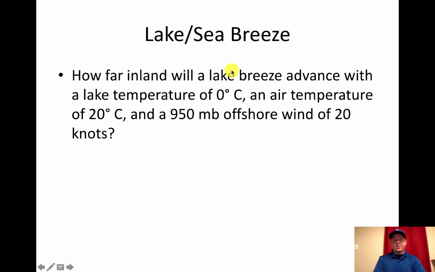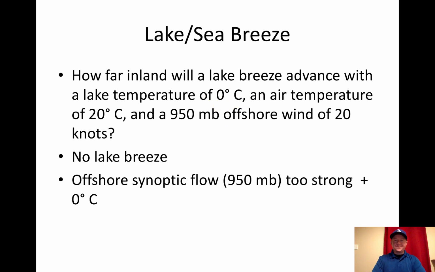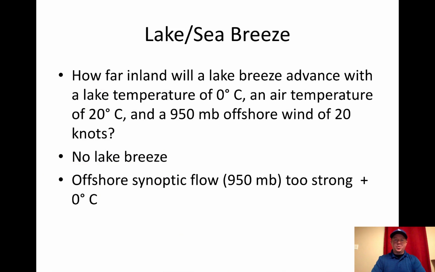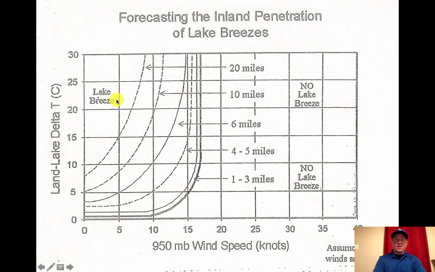I added this just to make it obvious, but that's something to keep in mind. If the lake is frozen over, it's kind of hard to get a lake breeze, right? So no lake breeze, offshore component is too strong, plus the lake is frozen over. You can see that here, even with that 20-degree gradient, because we're at 20 knots, no lake breeze.